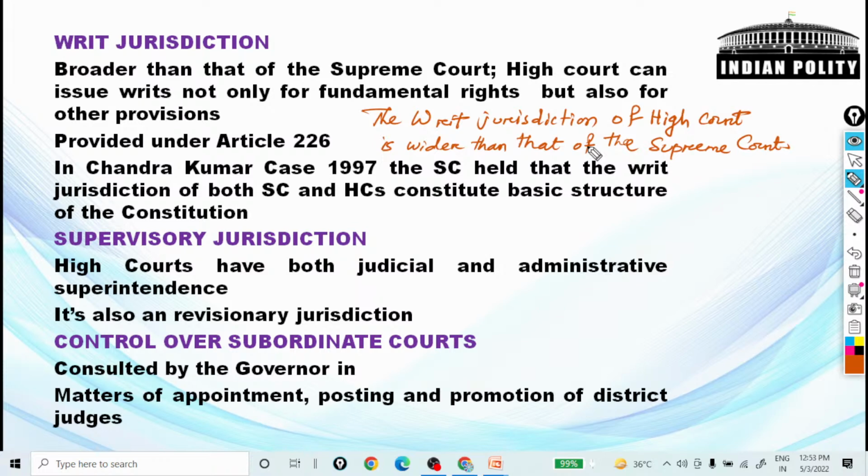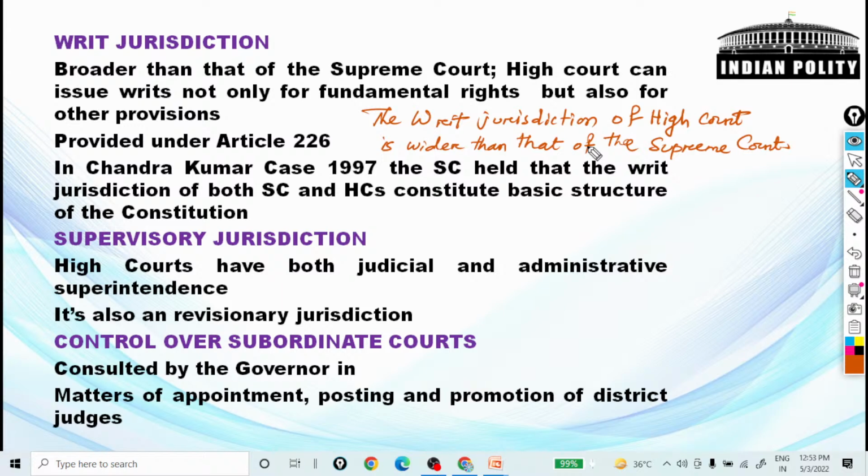Then supervisory and control power jurisdictions. High Courts have both judicial and administrative superintendence. It can prescribe the format and the procedure for the judges. It can determine the modus operandi of the various courts.